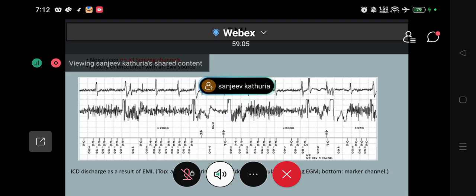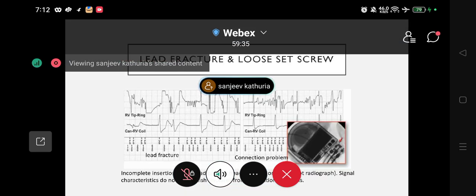The electric current of the fan is sensed by the device. Remember, EMI will be in all sensing channels because it is coming from above and reaching the device at all levels. So whether you are tip to ring, whether you are ventricular tip or you are at CAN, you will have an ICD showing FS, fibrillation zone. It will keep firing.